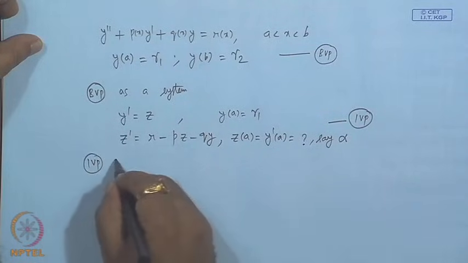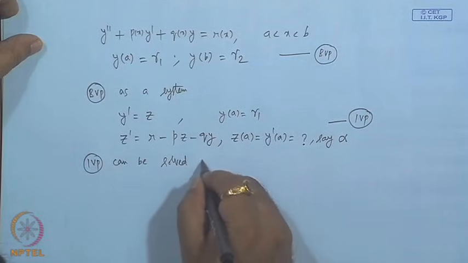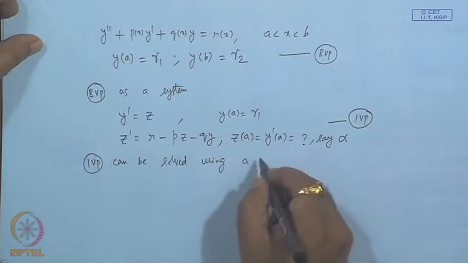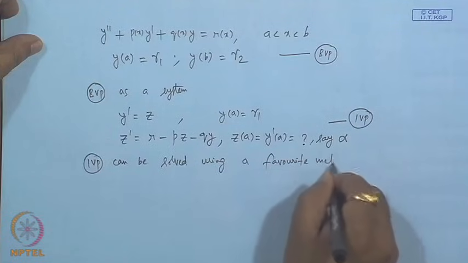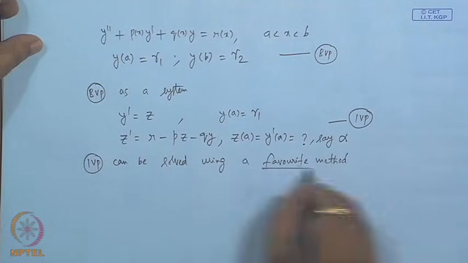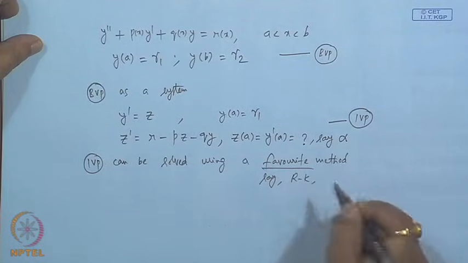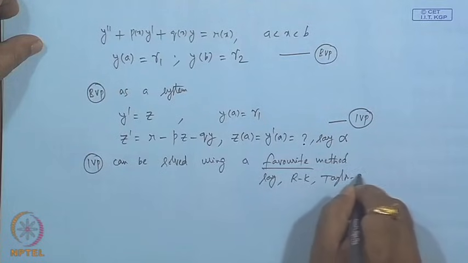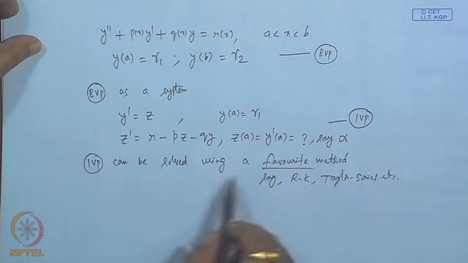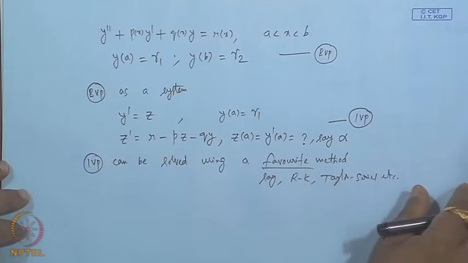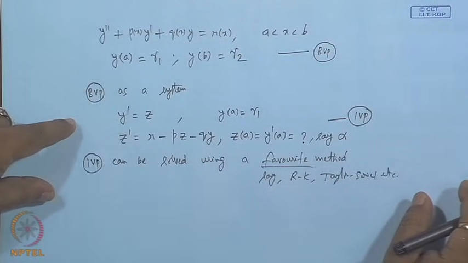The IVP can be solved using a favorite method, say the RK method or Taylor series, etc. Okay. So, we have a BVP, we converted it into an equivalent IVP.